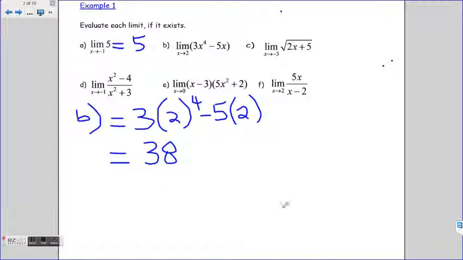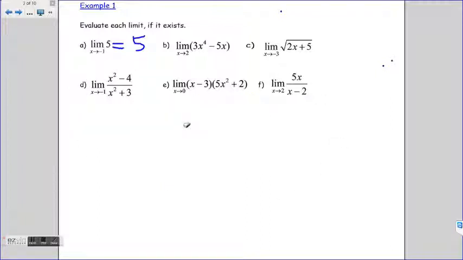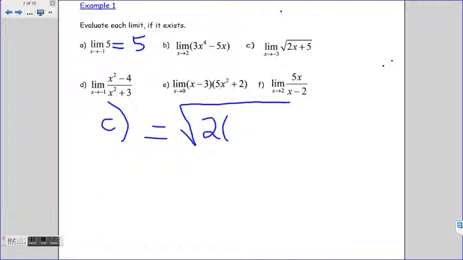Let's take a look at part C. Part C asks for the limit of the square root of 2x plus 5 as x approaches -3. So we're going to do the same thing. Again, I'm going to write out the function and I'm just going to replace the x with -3 and then evaluate it.